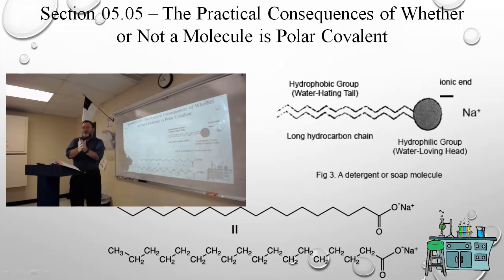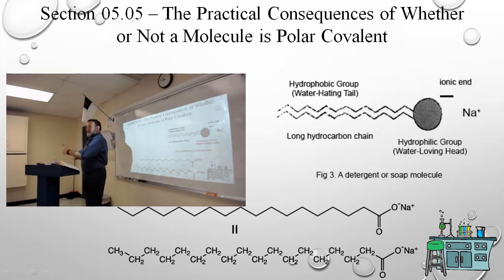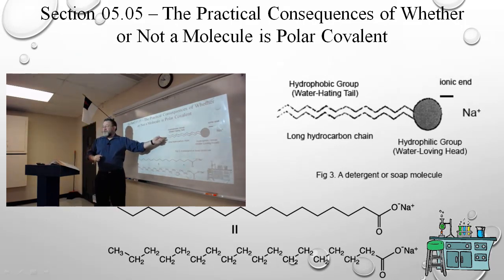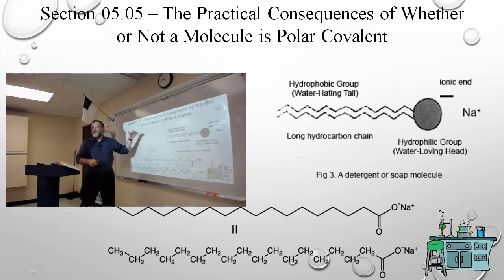So what's literally happening when you're using soap to clean yourself is the water that's hitting your hand is hooking to and dissolving the head of the soap. Think of it as connecting to the water. And so the water is pulling this end of the molecule down the drain, and this end of the soap has glued itself to the stain. It's not the water washing off the stain, it's the water pulling the head, which has a tail connected to the stain, down the drain.